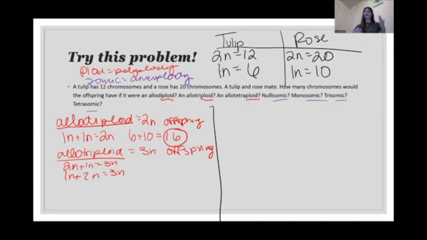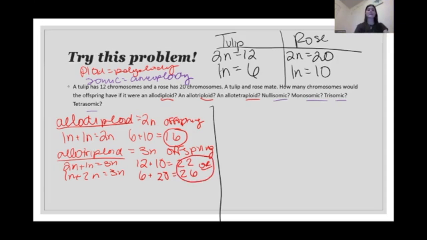So we're going to go to my tulip and my rose, my little chart I drew out, and add those numbers in. So 2n for a tulip would be 12, and I combine that with 1n from a rose, which is 10, to give me 22. Or the other way around, I use my 1n from the tulip, 6, plus my 2n from the rose, which is 20, and that would give me 26. And both of these are options for my allotriploid.